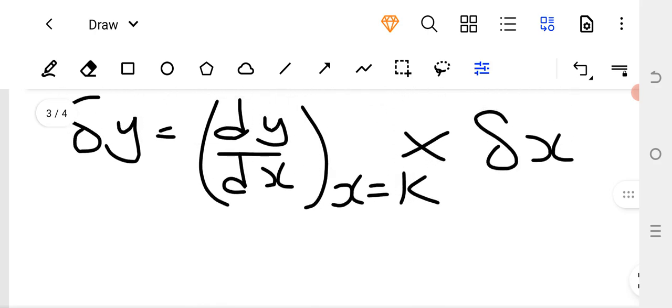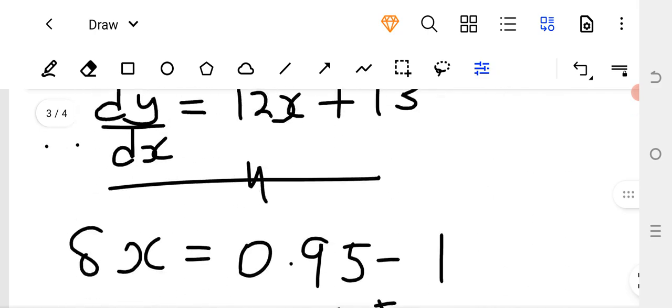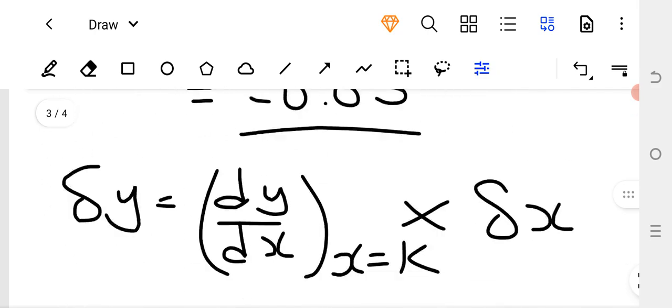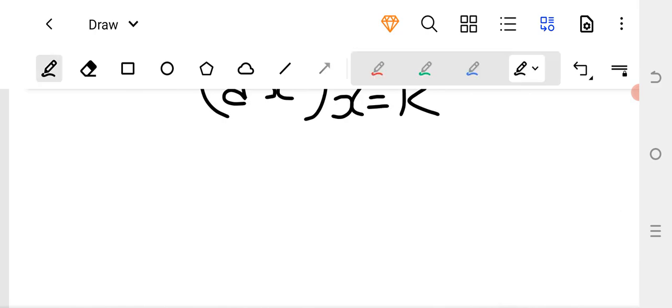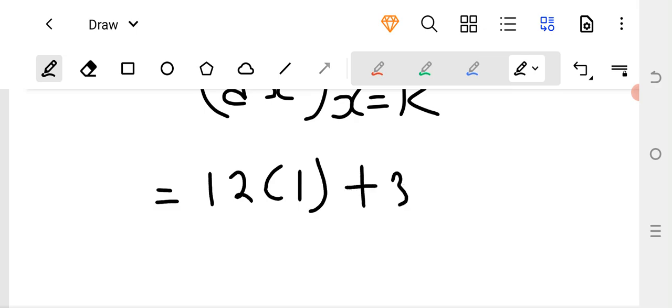So how do we proceed here? dy dx is what we found here, 12x plus 13. So you just say it is equal to 12x. You always consider the initial x value, which was 1, because it decreased from 1 to 0.95. So we're considering 1, then plus 13. That was your dy dx.